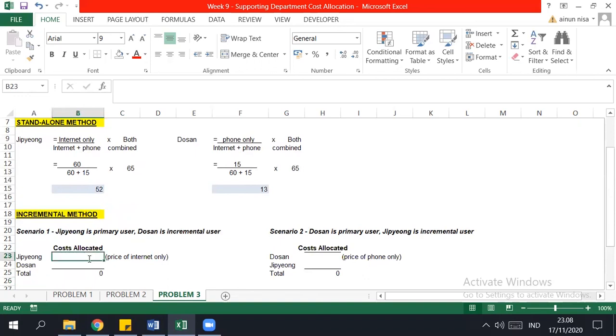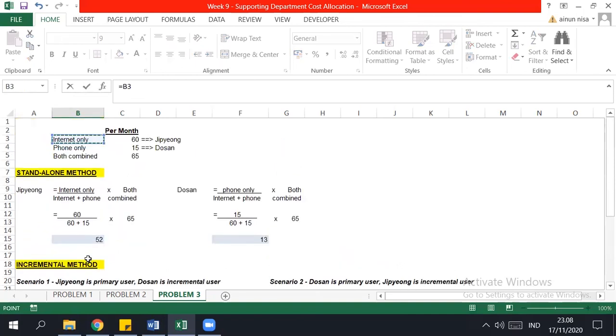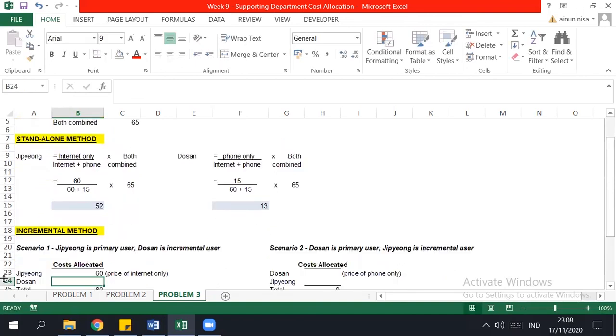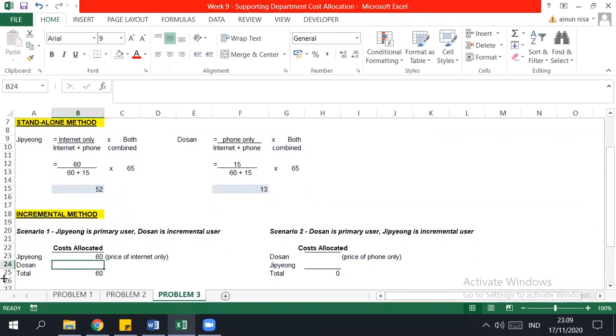The cost of internet services is 60, and therefore the remaining cost that needs to be paid by Dosan is 65, the total cost of the package, minus the cost of the internet service. So Dosan needs to pay only $5.